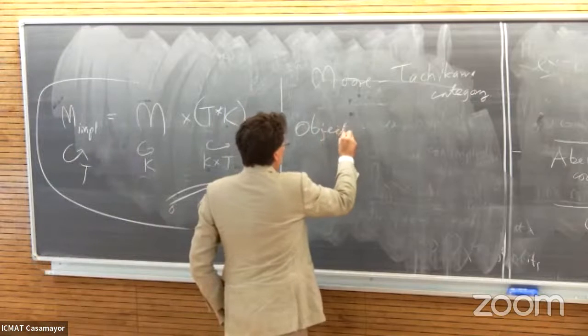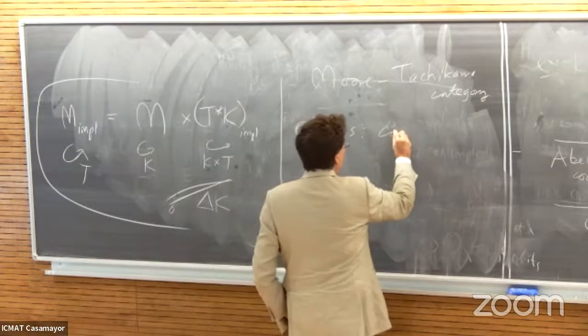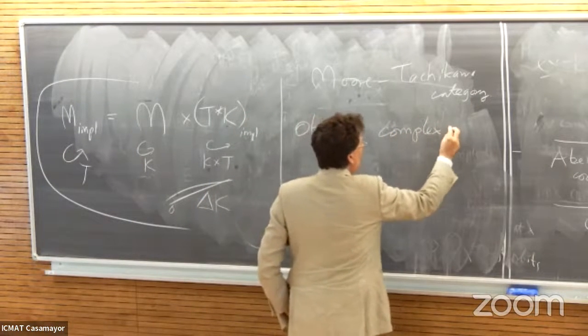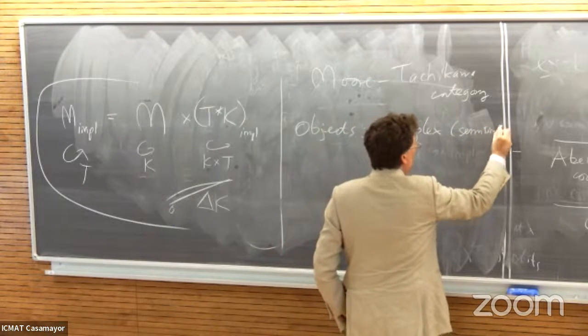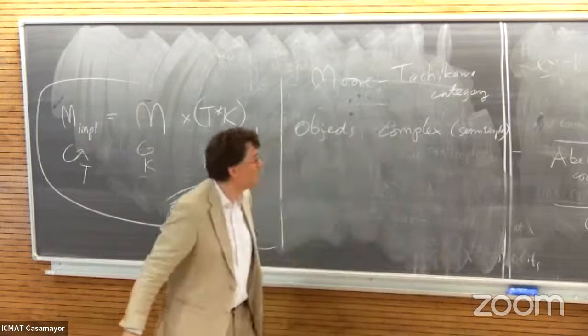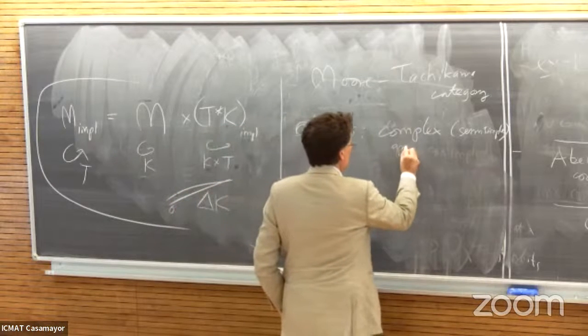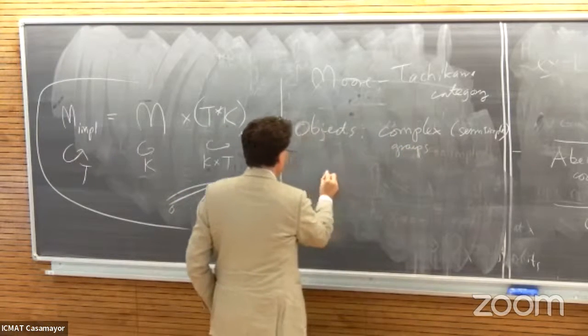So what's their category? The objects are complex, well, in their case, semi-simple groups, but I want to think of it more generally, complex reductive groups.